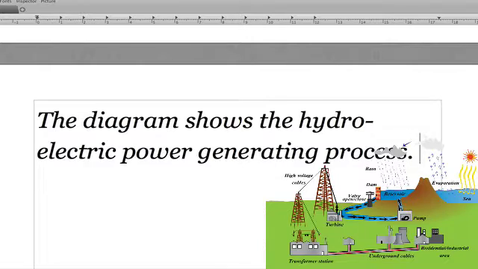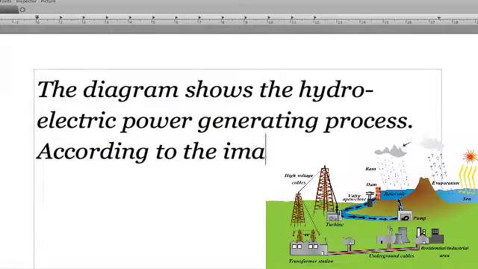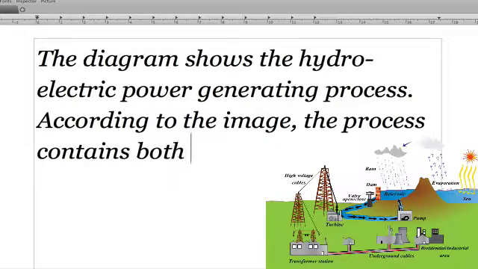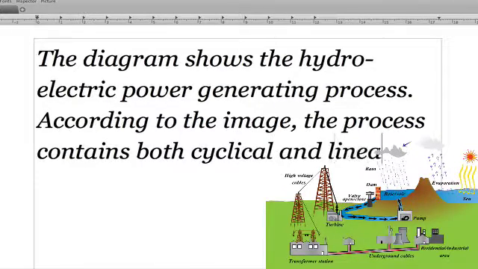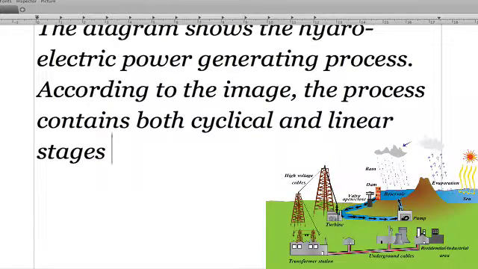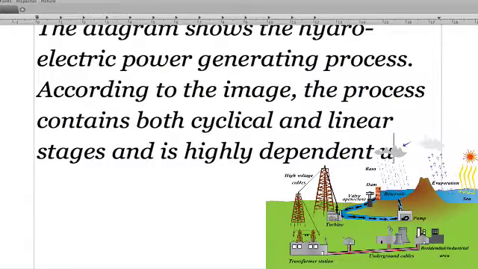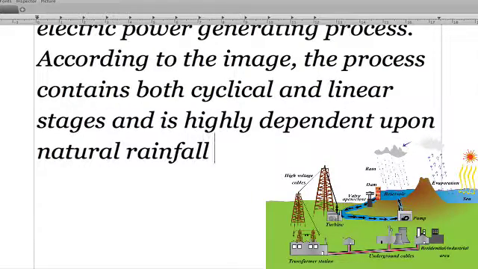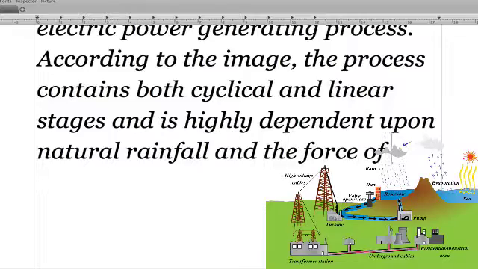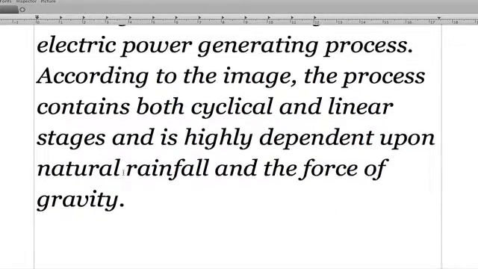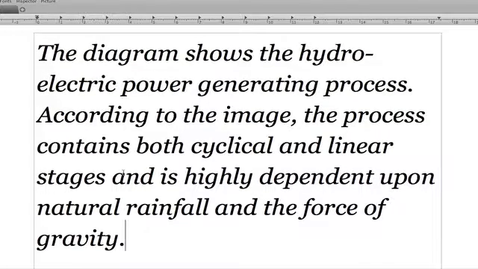So let's say according to the image, the process contains both cyclical and linear stages, and is, let's see, something about its natural dependencies, is highly dependent upon natural rainfall and the force of gravity. Okay, so that's a nice little overview of what exactly the data source is showing.